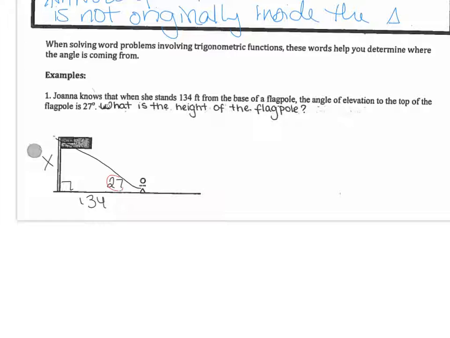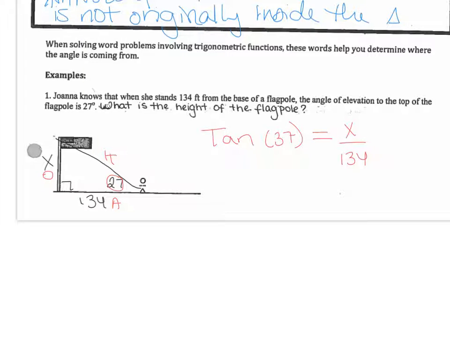So this is my reference angle. I'm going to label OAH. So I'm given O and A, so that's tangent. So I'm going to say tangent of 27 degrees, because my degrees always goes with my trig function, equals opposite x over adjacent, which is 134.